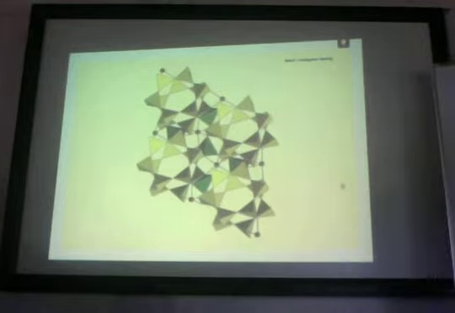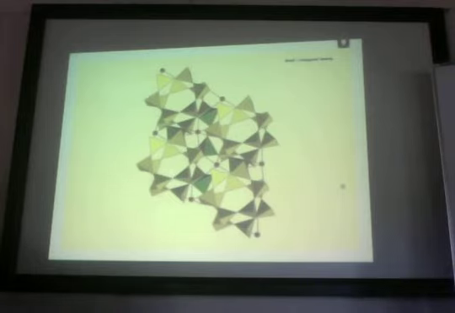And I told you this also at the beginning of the class, how the symmetry of a mineral which you can observe in the field, like here the quartz, reflects on the atomic structure.